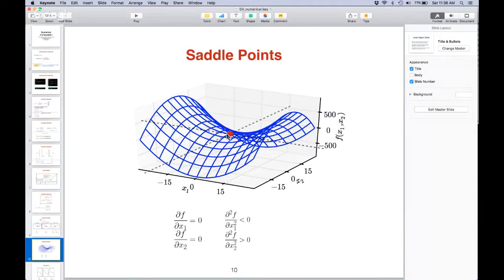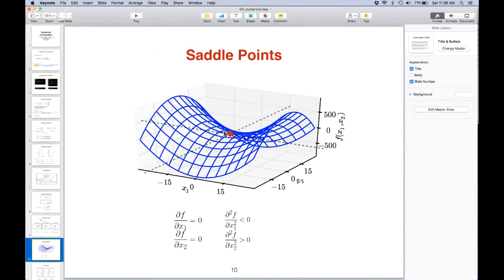And if you look at it from this direction, if you're looking at f varying with respect to x1, the second derivative of f with respect to x1 is positive. I think I have made a mistake here. It's a typo.